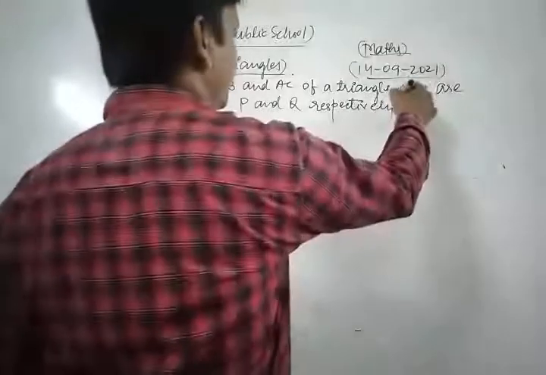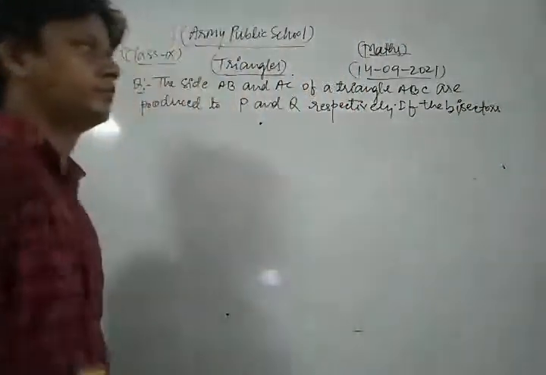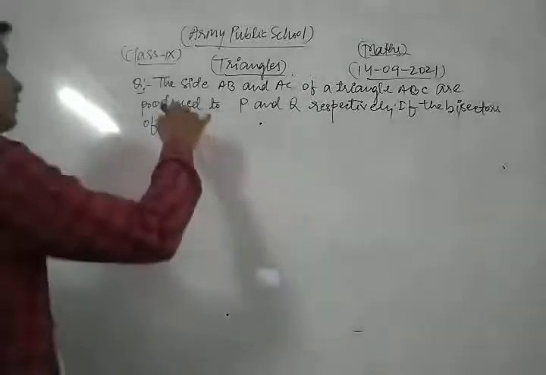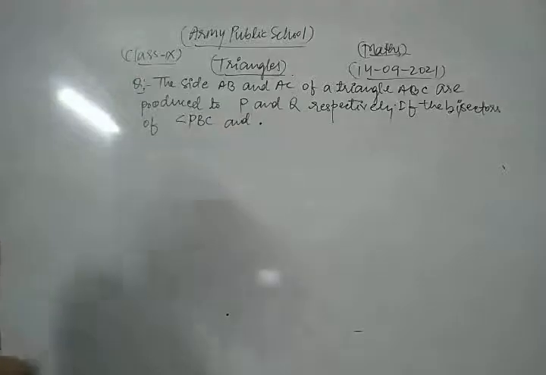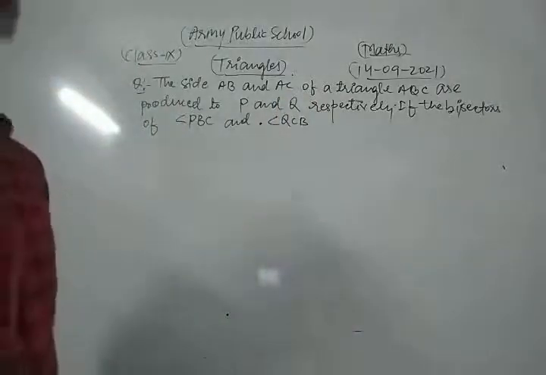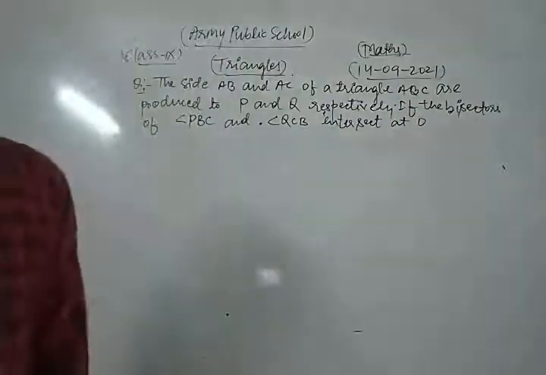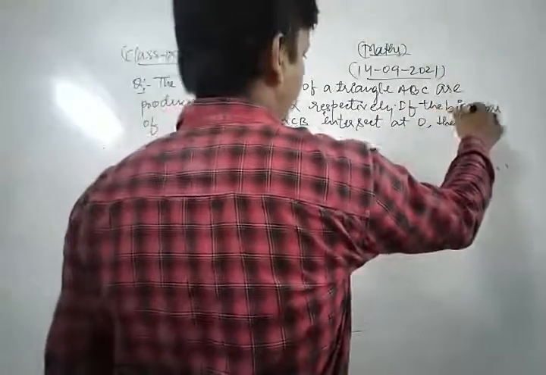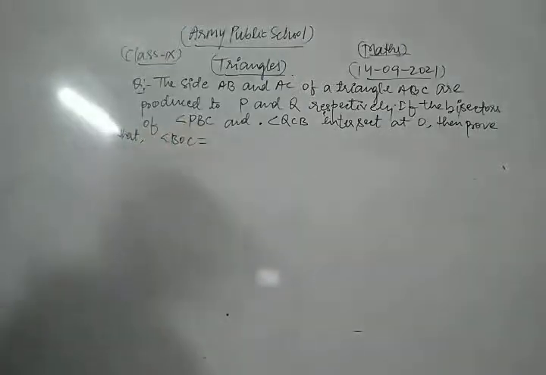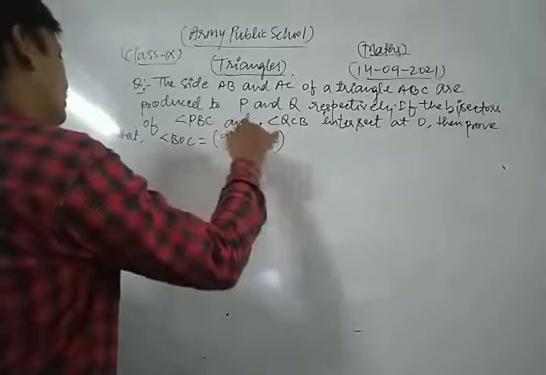If the bisectors of angle PBC and angle QCB intersect at point O, then prove that angle BOC is equal to 90 degrees minus half of angle A.